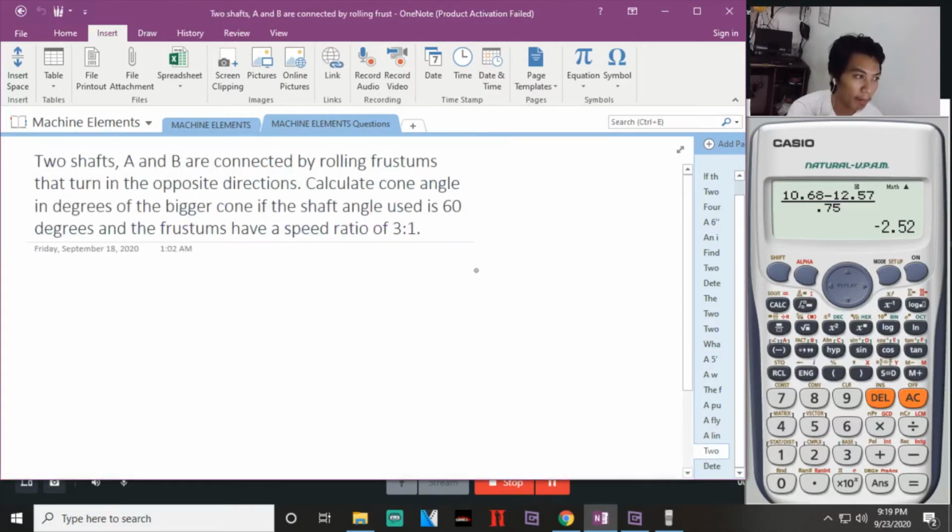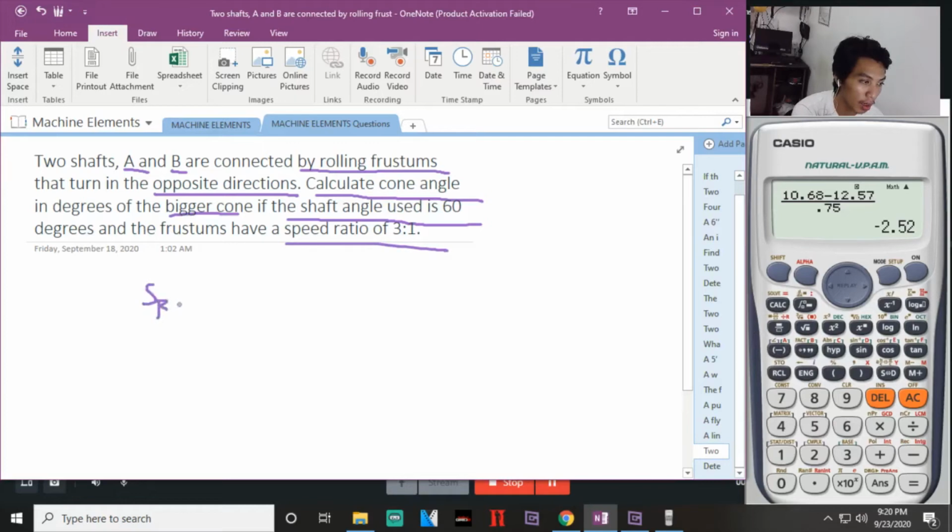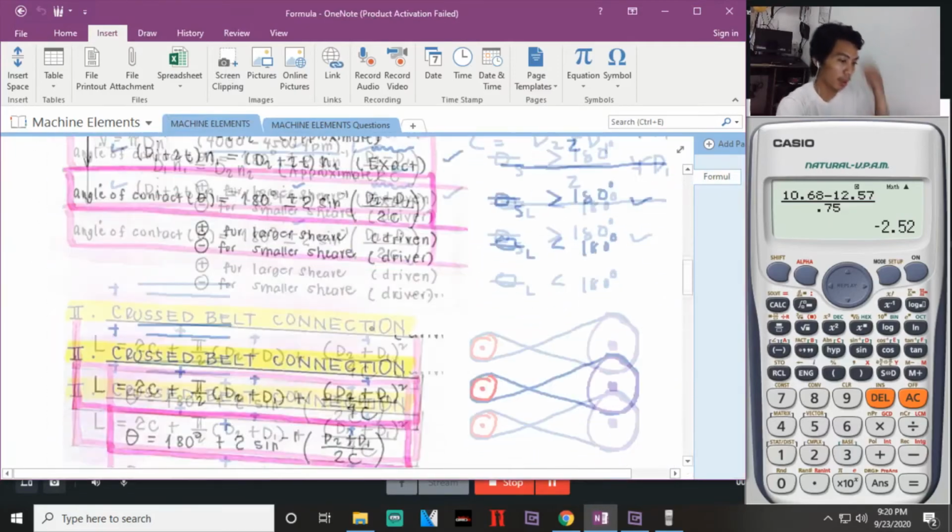Next. Two shafts, A and B, are connected by rolling frustums in the opposite directions. Calculate the cone angle in degrees of the bigger cone if the shaft angle is 60 degrees and the frustums have a speed ratio of 3:1. SR is 3/1. Ngayon, let's go back with the discussion. Tignan nyo yung rolling contacts.